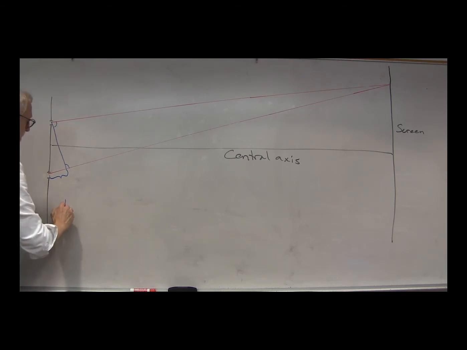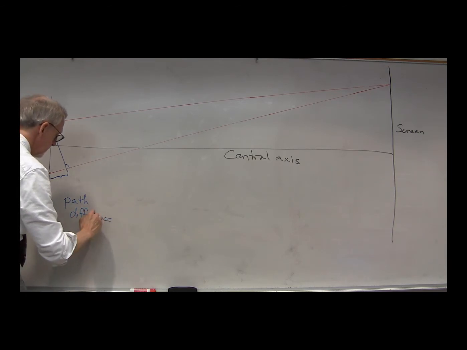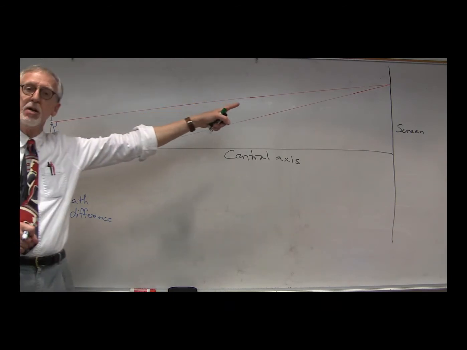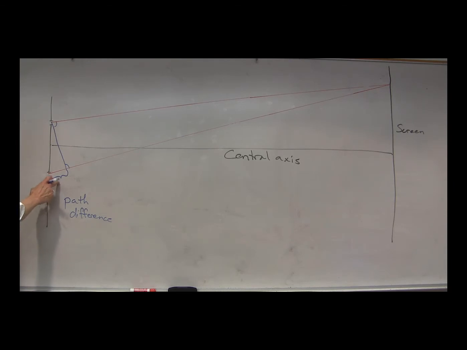This is what we'll call the path difference. And it's that path difference, the fact that the lower ray has to travel that much farther than the upper ray, that could put them out of phase. What we have to do is figure out, what is that path difference?